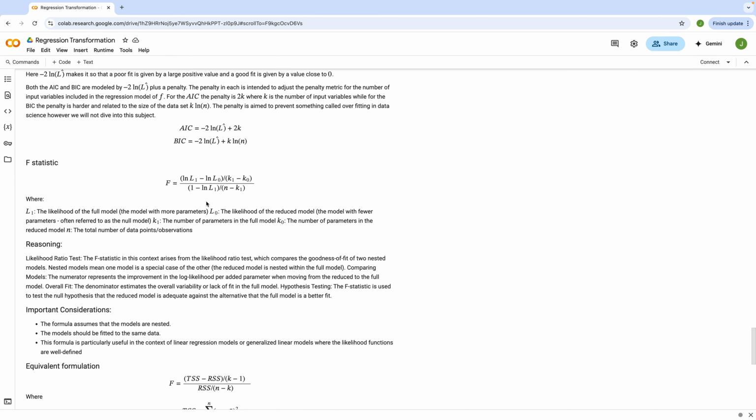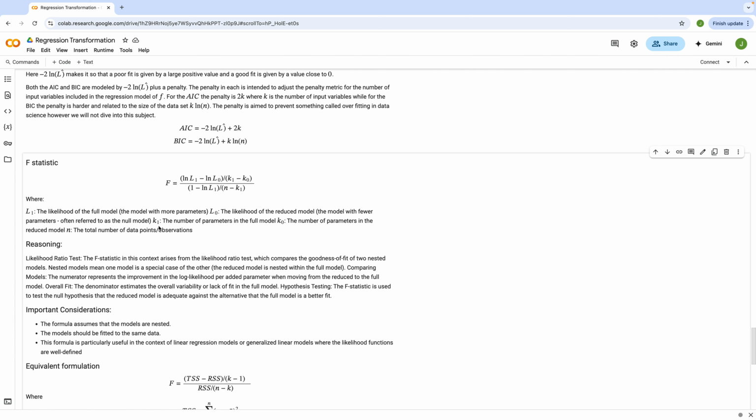Now, there's something called the F statistic. The F statistic is calculated like this. So it's the log of the likelihood of the model with more parameters minus the log of the likelihood of the reduced model, the model with fewer parameters.